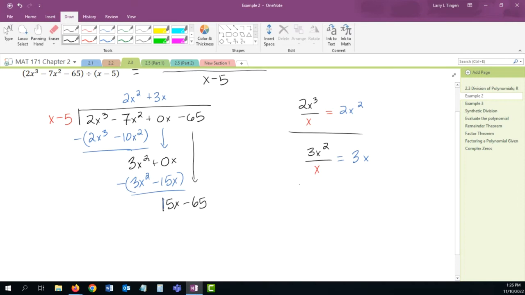And last time, leading term is 15x. Divide that by x. And the result is 15. 15 times x is 15x. 15 times negative 5 is negative 75.